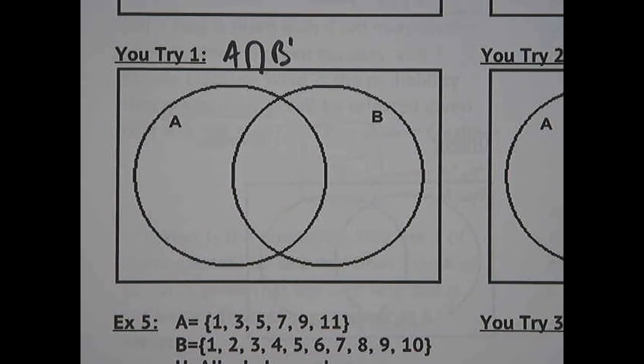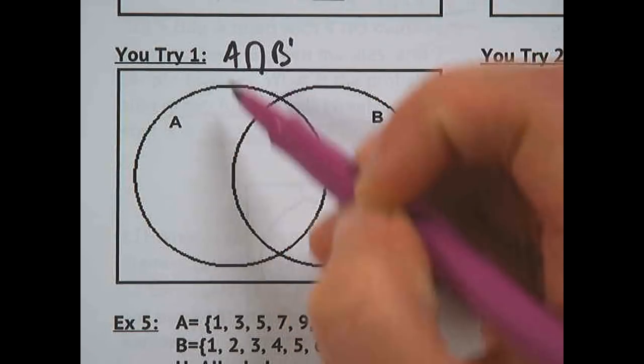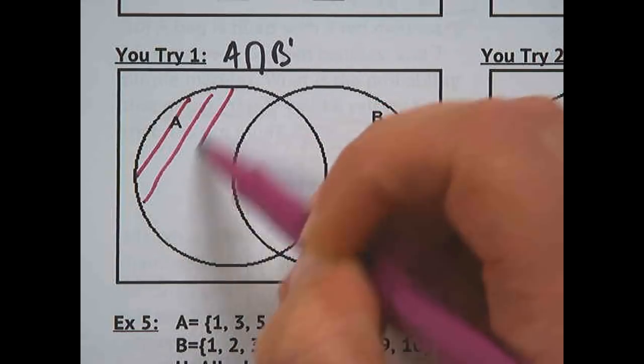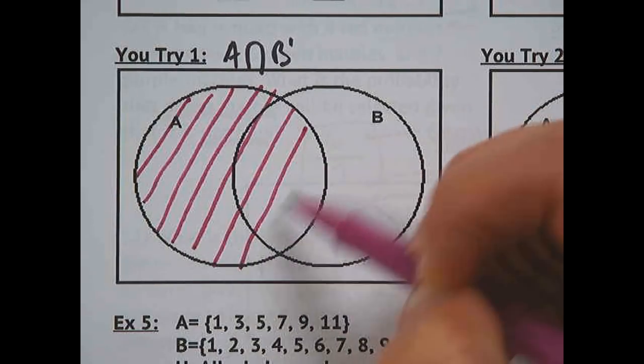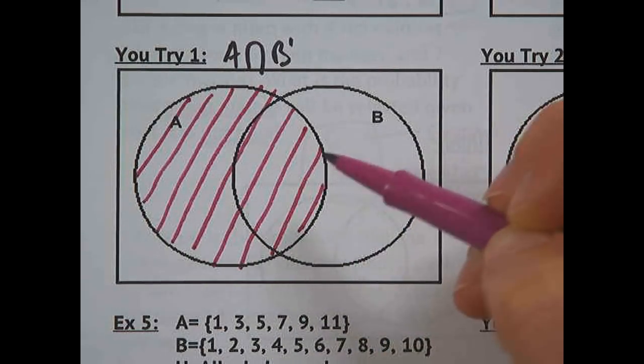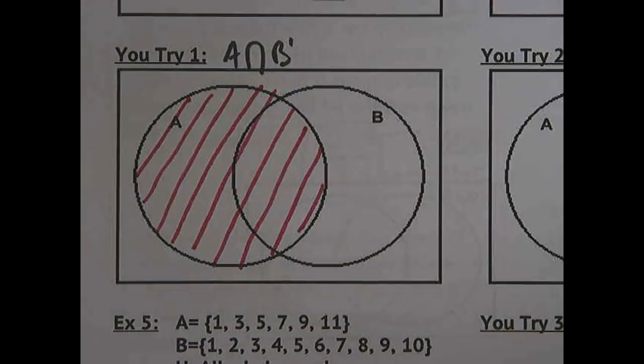Okay, so here's how we would do A intersect the complement of B. So the first thing you want to do is color in everything that's A. So the first one, here's A. So A is that entire circle. And if you don't have multiple colors to shade with, try shading opposite directions.